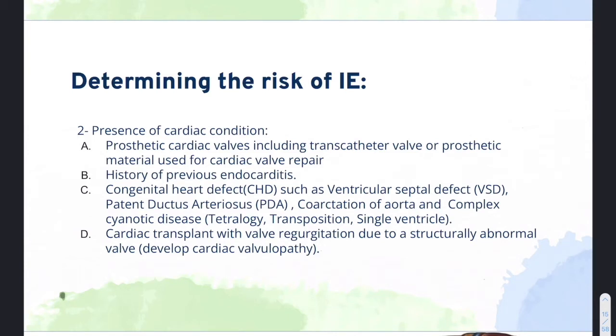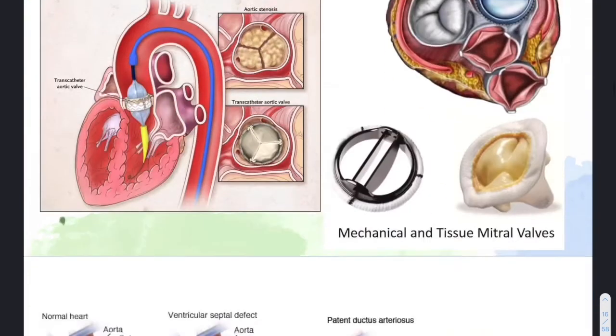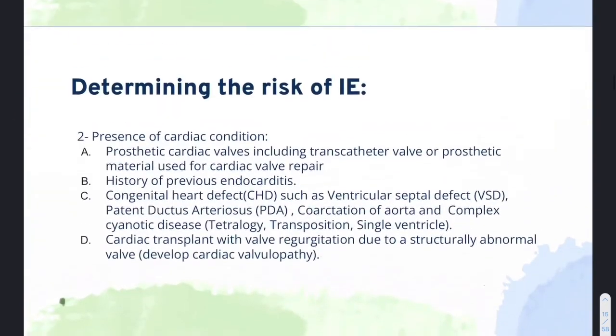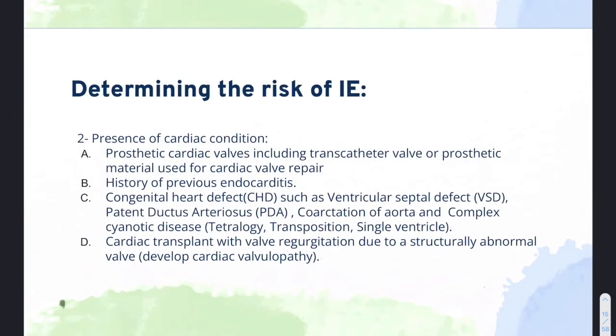They refer to them as blue babies. It's congenital, that's why they're babies. One of these diseases is transposition of the great vessels, which has a patent ductus arteriosus and atrial septal defect. Fourth is a cardiac transplant with valve regurgitation due to a structurally abnormal valve.